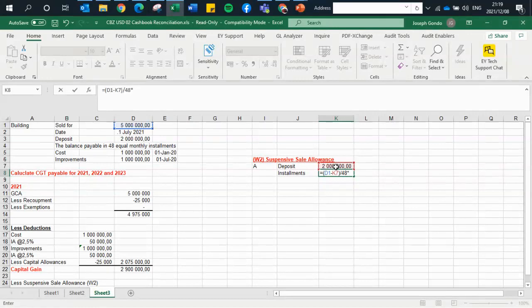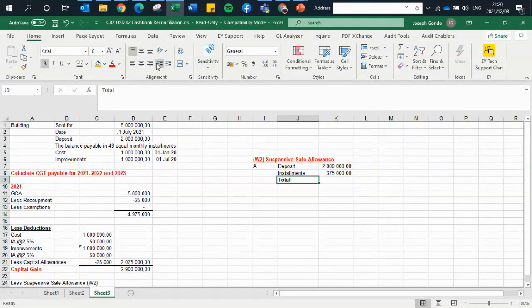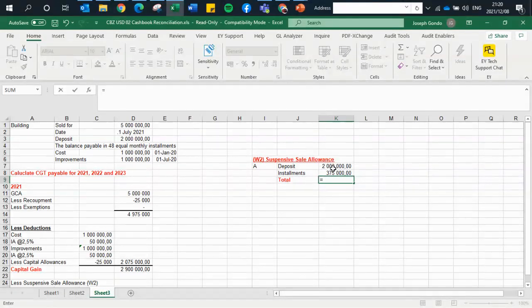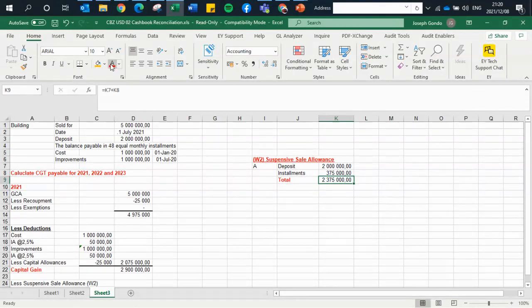We have July itself, August, September, October, November, December, so 6 months. So that will be the installments in the total amount paid in 2021. Then we calculate the total, this one plus this one. That means in 2021 we paid this total.